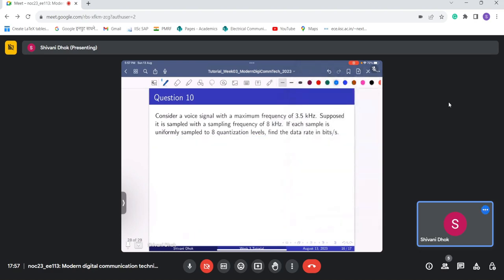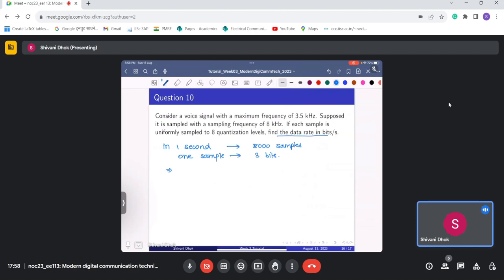So what information do we have? In 1 second, 8,000 samples, and one sample is equivalent to 3 bits. What we need to find is the data rate in bits per second.